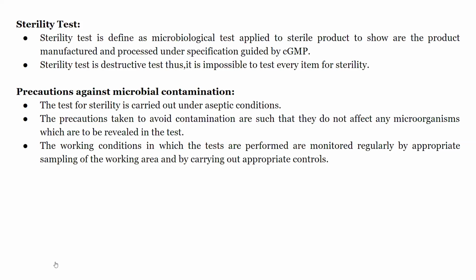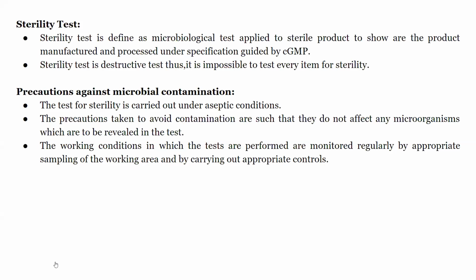The sterility test is defined as a microbiological test applied to sterile products to show that these products are manufactured and processed in accordance with the guidelines of current GMP. So current GMP also specifies the sterility requirement of the sterile products. The next point to be considered is that the sterility test is destructive in nature.